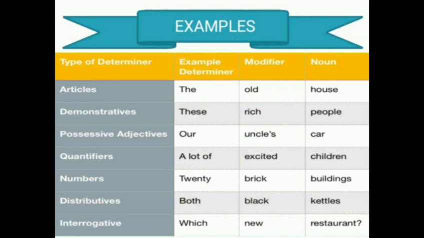A lot of indicates quantifiers. Numbers, 20 brick buildings. 20 comes under the determiner numerals. Distributives, both black kettles. Both is a distributive determiner. Interrogative, which new restaurant? Again, which is an interrogative determiner. So these are a few examples of different types of determiners.